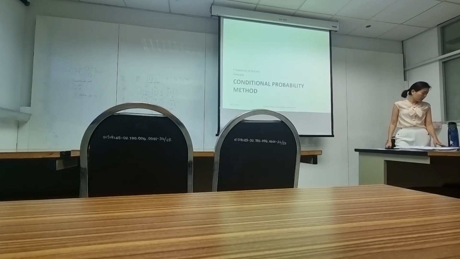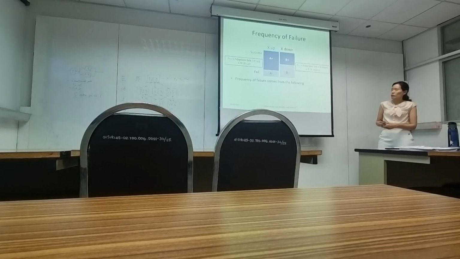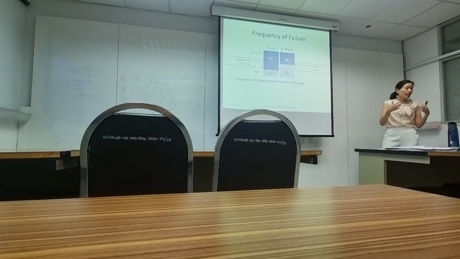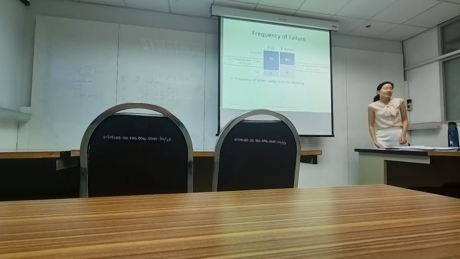Okay, we look at the conditional probability method. We already have the ideas on how we can calculate the probability using the conditional probability method, right? What you do is you divide and conquer. So you divide your problem into two disjoint sets.